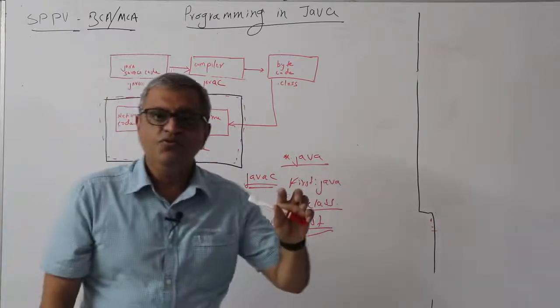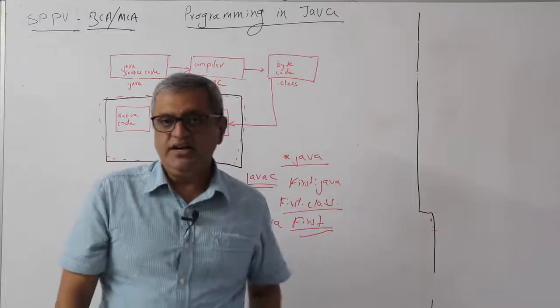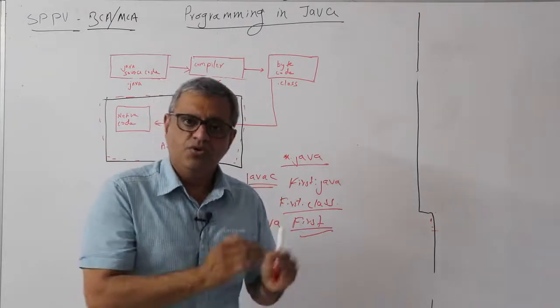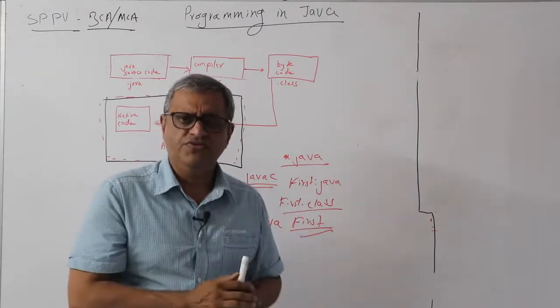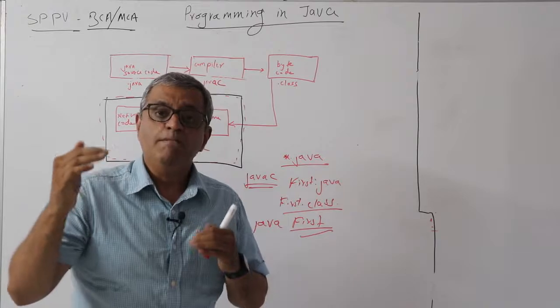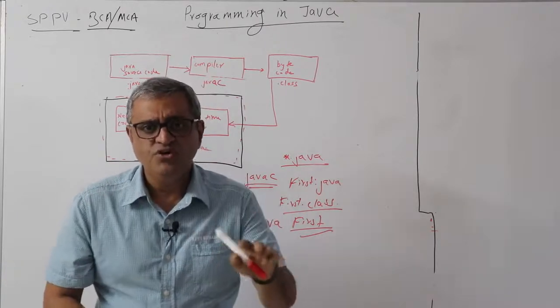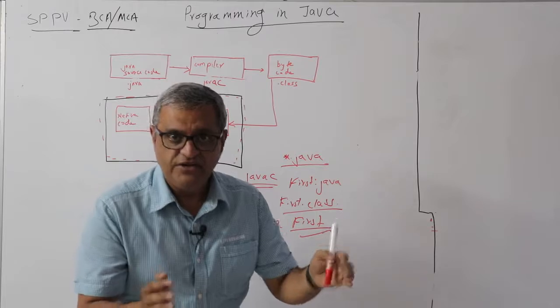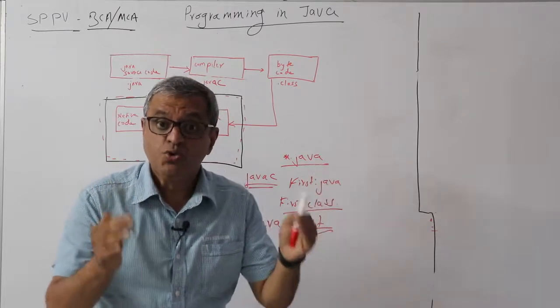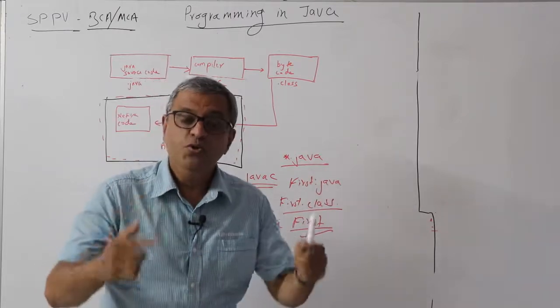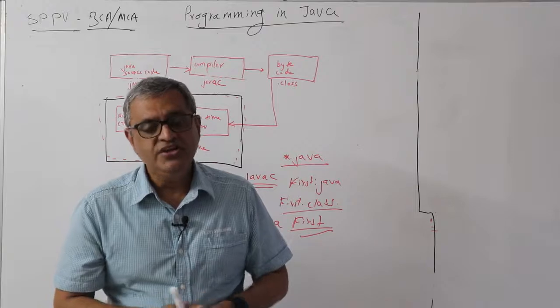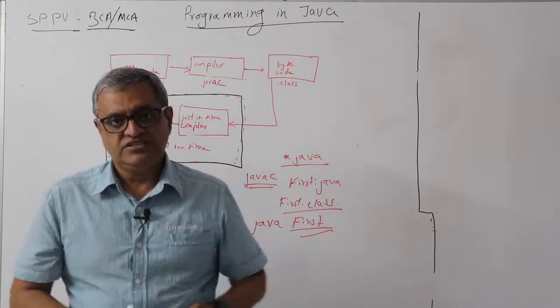Now what we need to understand is that in a Java source file we can have multiple classes. If you have 4 classes defined in your source code, then when you compile it you will get 4 .class files.